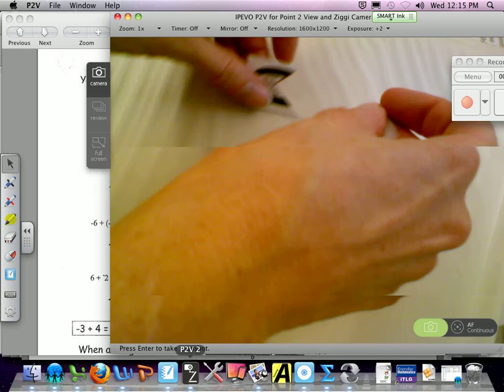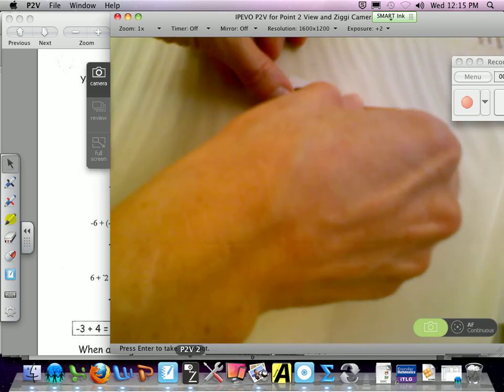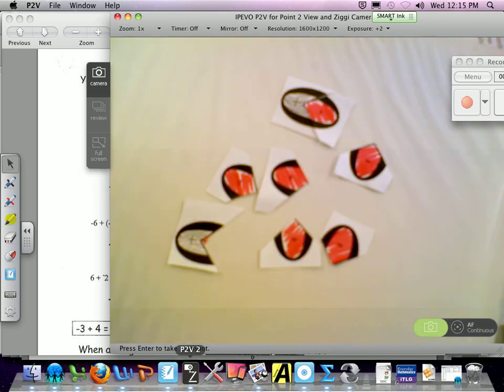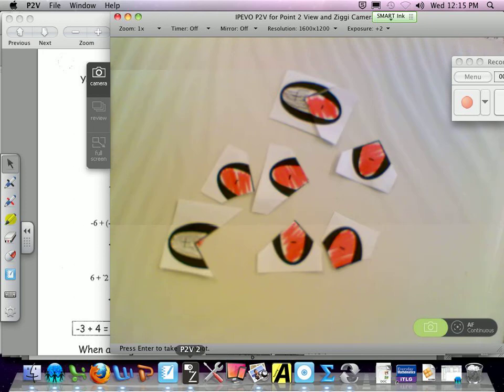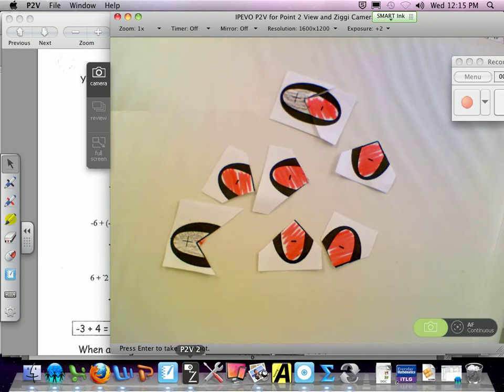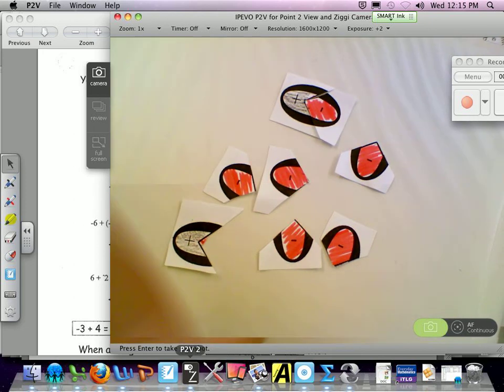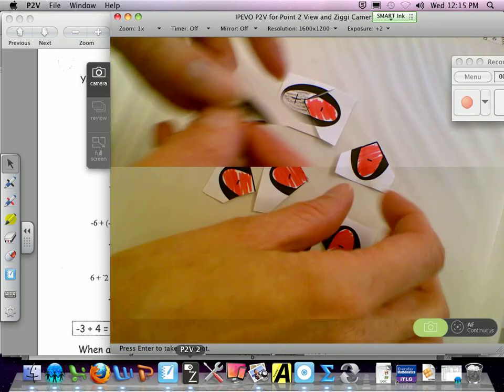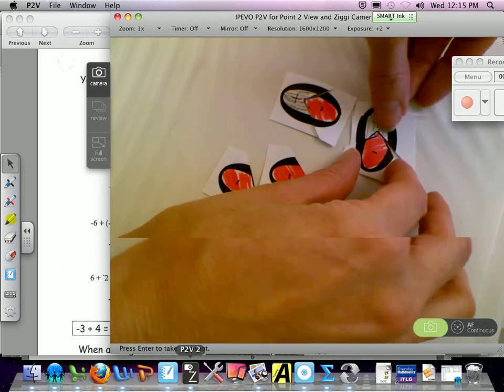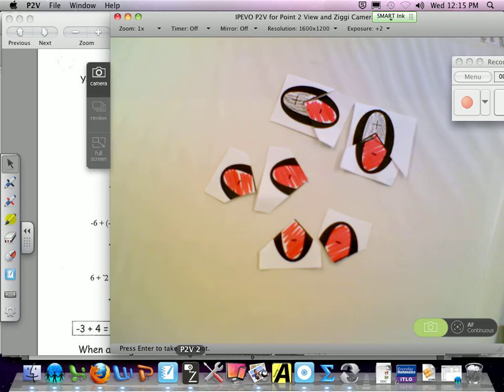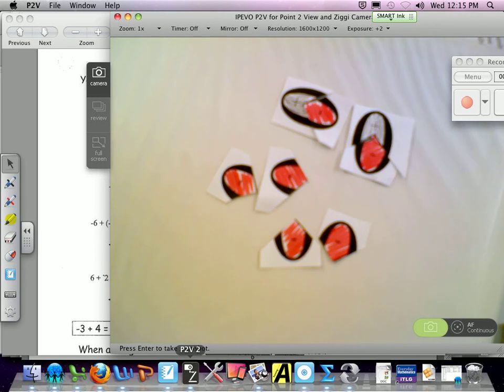But what you do is you pair up. Every time you have a positive and a negative, what does it make when it gets paired up? A positive and a negative combined will make what? Yes, sir? 0. So it zeroes them out, and it makes them not worth anything once it's zeroed out.